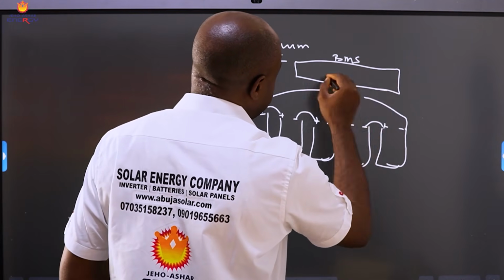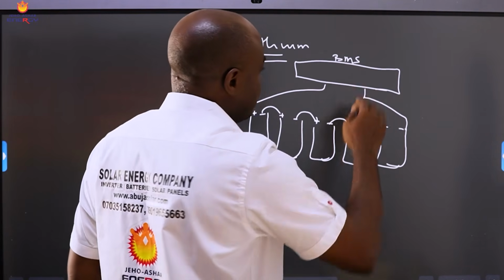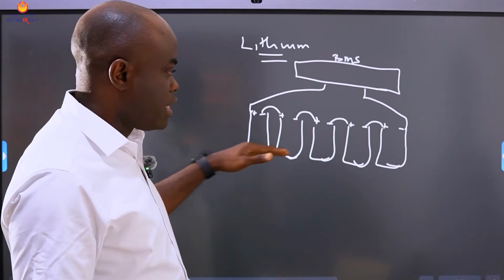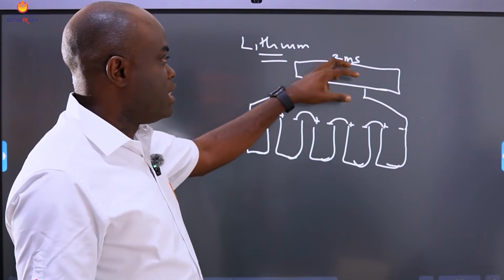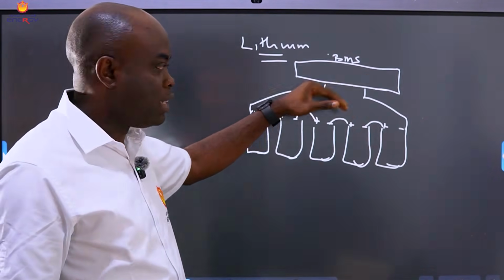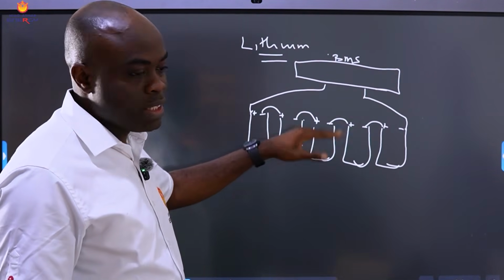So this BMS is called your battery management system. This is your cell, right? But there's a board or a controller inside, a manager that manages what happens in these cells.